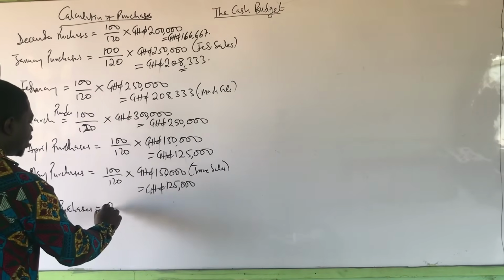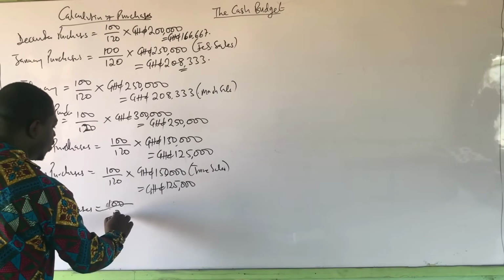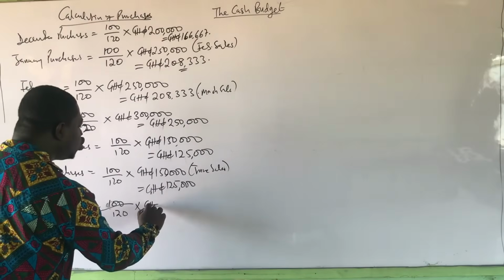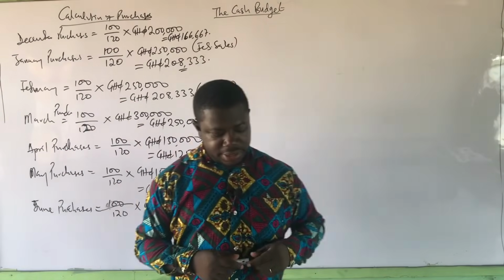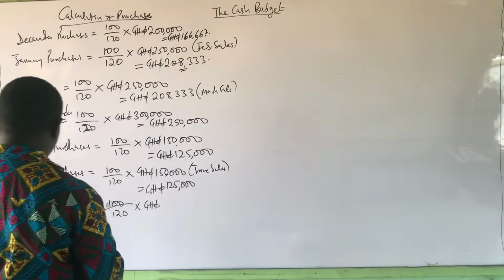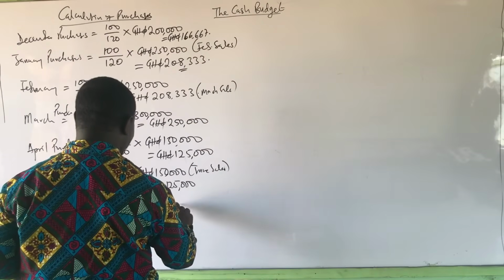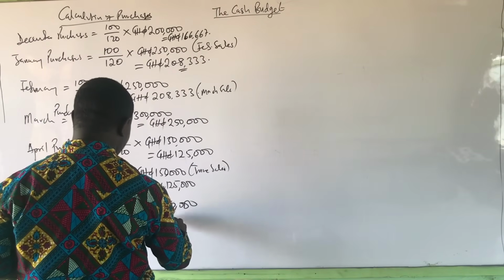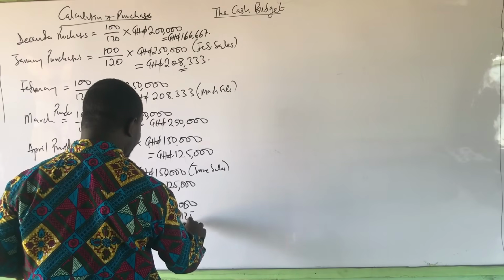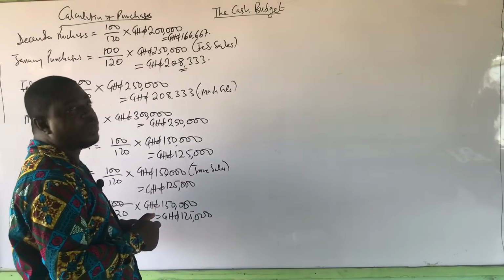Now, June's purchases will be based on sales of July. In the question we were given July sales, 150,000. Even though we are not working with the month of July, they gave that to us for the purpose of finding the June purchases. So 150,000, and that is going to give us the same 125,000. So these are your workings for purchases.